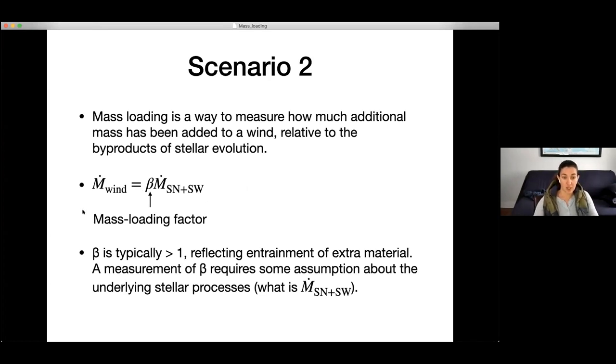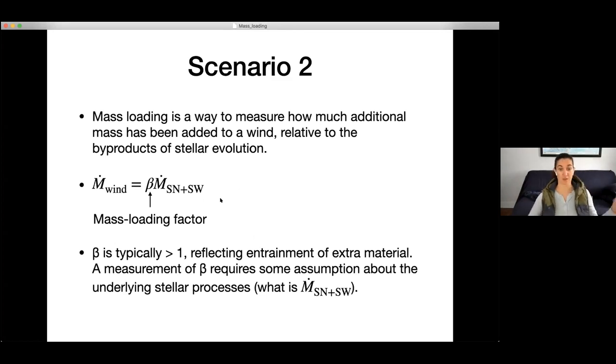And so something to note, right, is that beta now has a more physical meaning. For example, it's typically greater than 1. You can only add mass into this phase. So that would reflect, for example, entraining additional ISM material into the hot wind. But it's also worth noting that, in order to measure beta, you have to make an assumption about the right side of this equation, right?